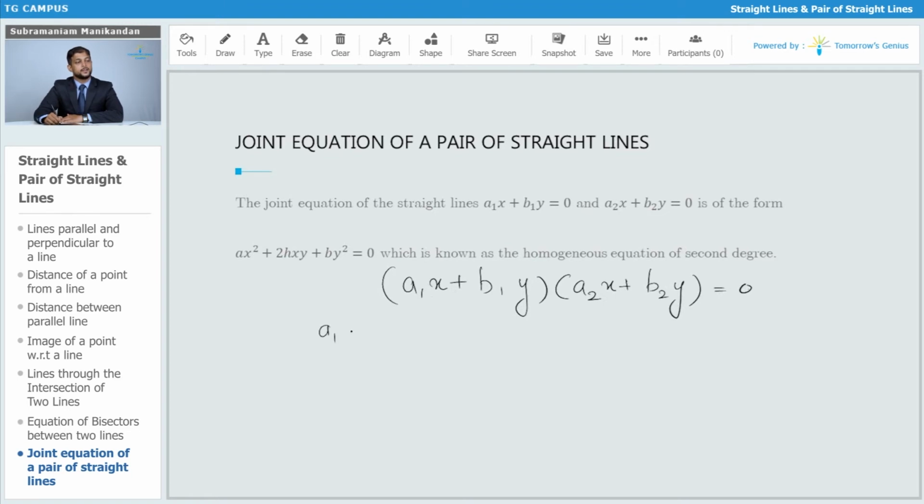So we get a1 a2 x square plus b1 b2 y square plus (a1 b2 plus a2 b1) xy is equal to 0. It is not possible to get any other term, and thus we see that it falls neatly into the pattern ax square plus 2hxy plus by square is equal to 0, which is known as the homogeneous equation of second degree.